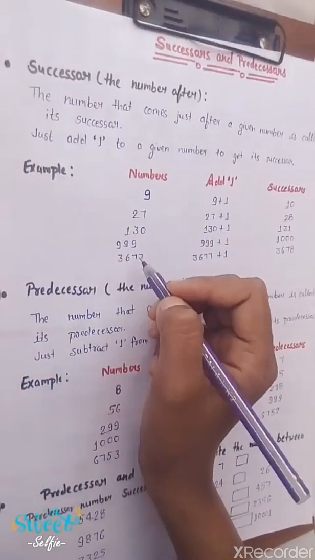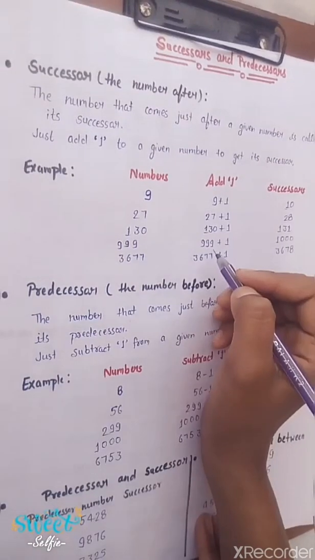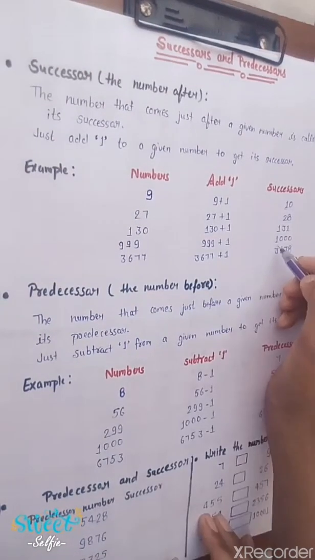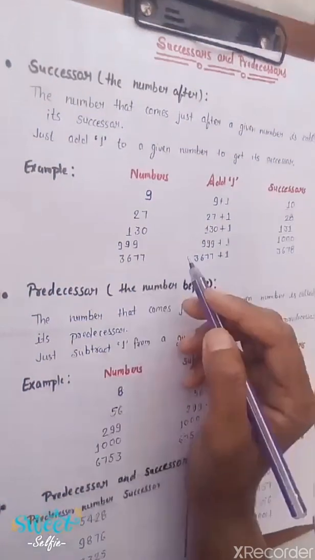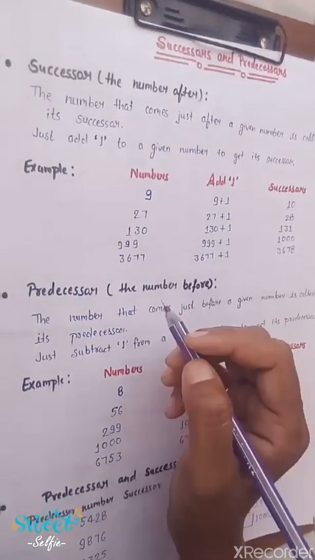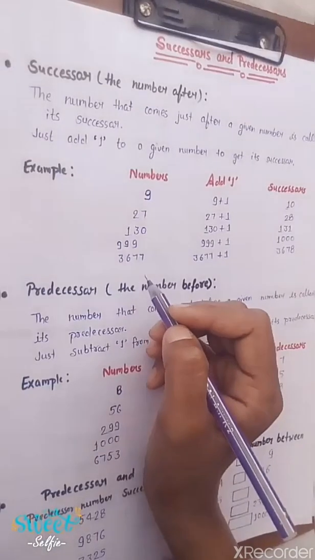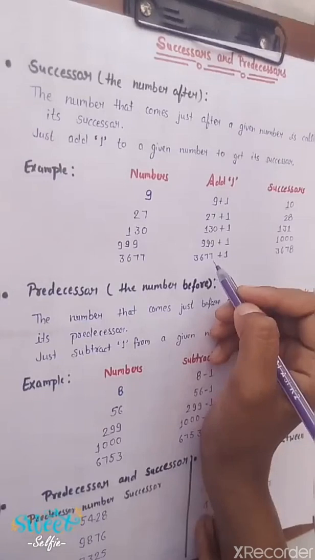In the same way, 999. When we add 999 plus 1, we will get 1000. So 1000 is the successor of 999. The next one is 3677. So add 1 to 3677.